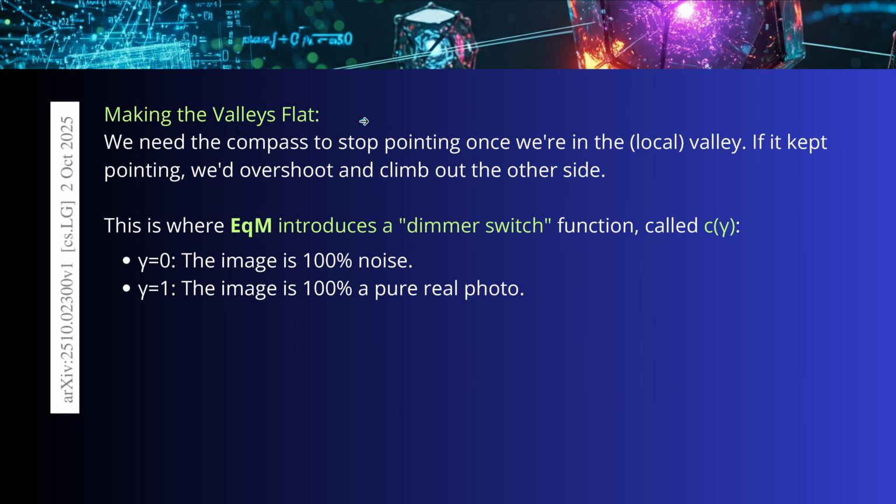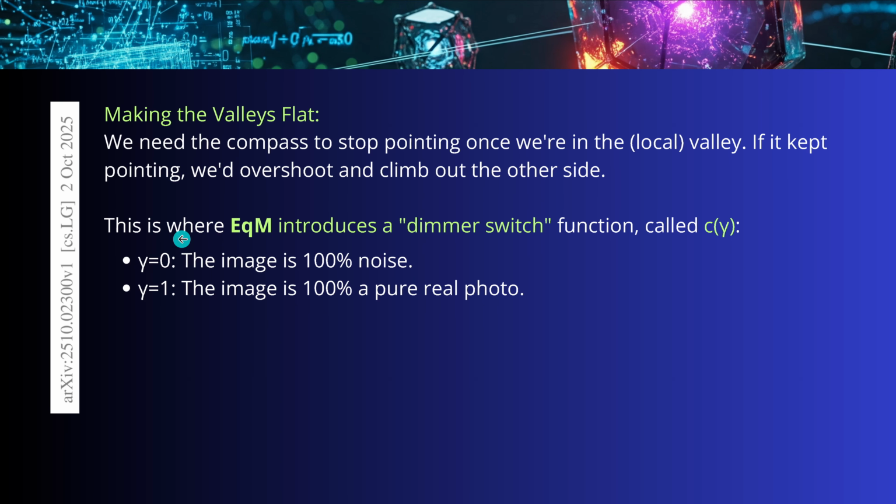Of course, we have to make the valleys flat, no? We need the compass to stop pointing anywhere if we are in the local deepest valley. Because if it would keep pointing in any other direction, we would just continue, we would overshoot and climb out of the other side. No, if we have here a local or absolute minimum, we want to stay there. So this is where EQM introduces here another trick idea, a dimmer switch function called c of y.